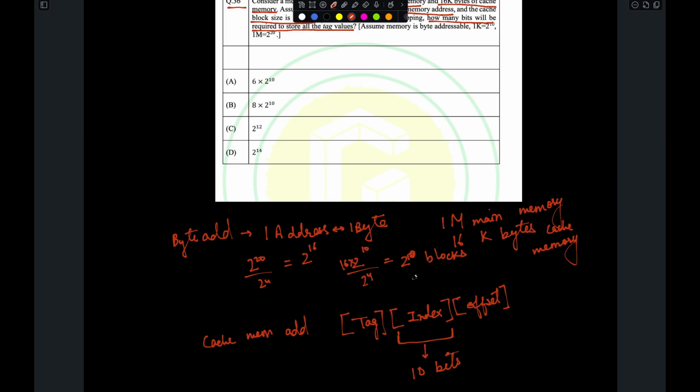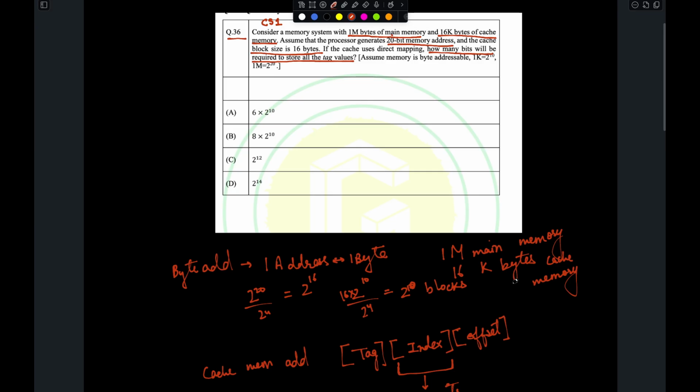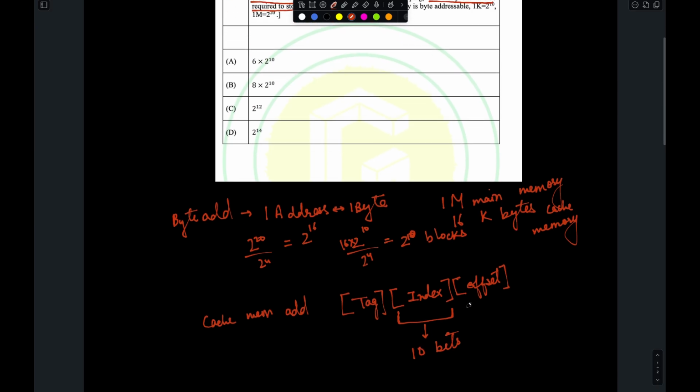I guess we would be needing 10 bits. Since the block size is 16 bytes, we would be needing 4 bits for unique identification of where in the block the address is.